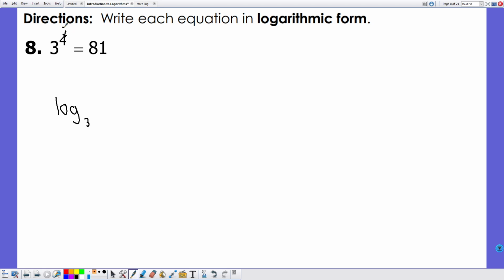This is your exponent, and this is your base. If you remember the terms, your base is the number being raised to the power, and your power is your exponent. So it's saying, 3 to what power is equal to 81? Well, that would be 3 to the 4th power.